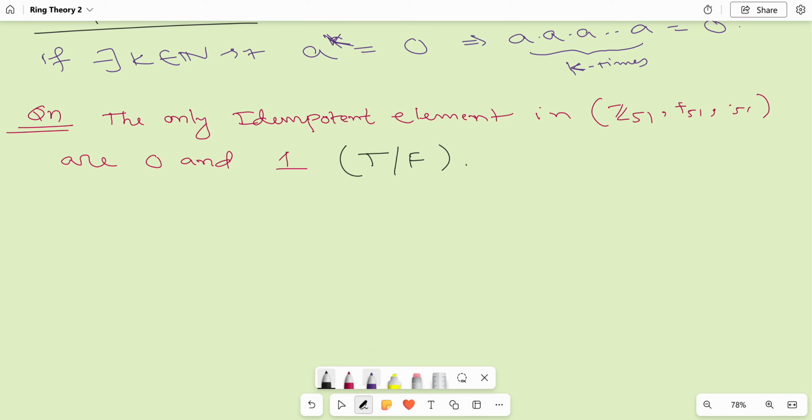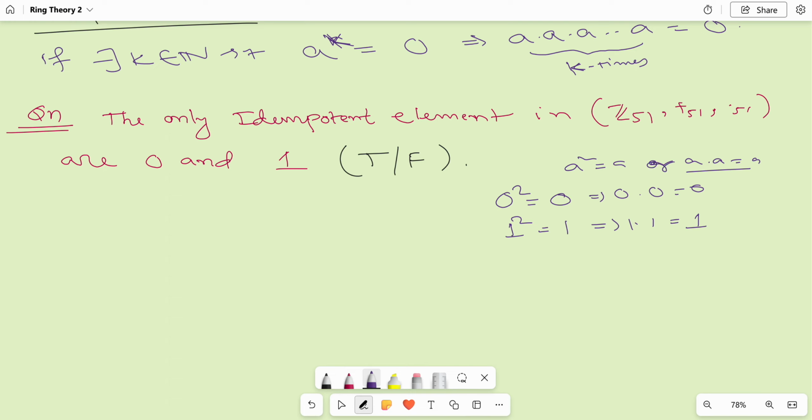Think about it. The only idempotent elements, that means they are saying that only 0 and 1 satisfy the condition: 0 times 0 equals 0, and 1 times 1 equals 1. When do we say an element is idempotent? When a square equals a, or a · a equals a.